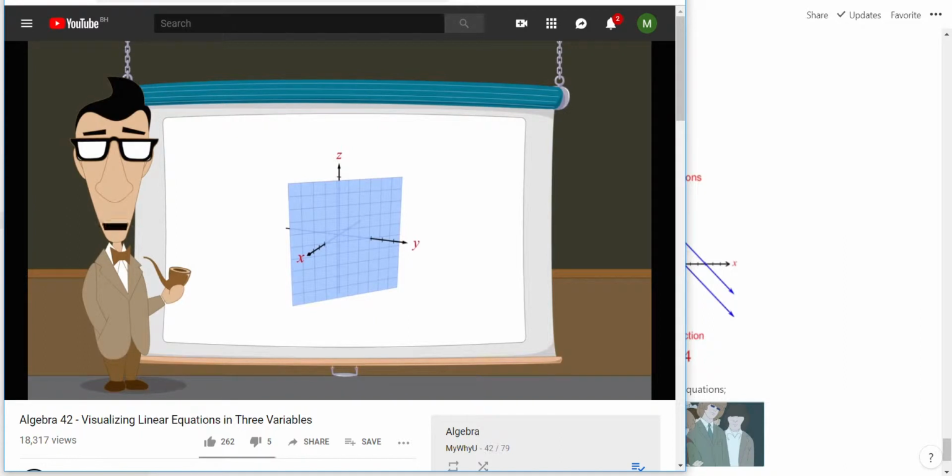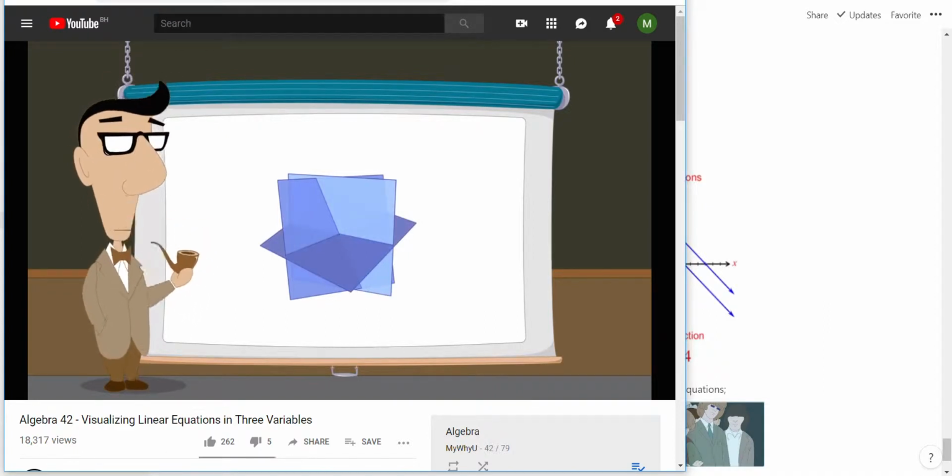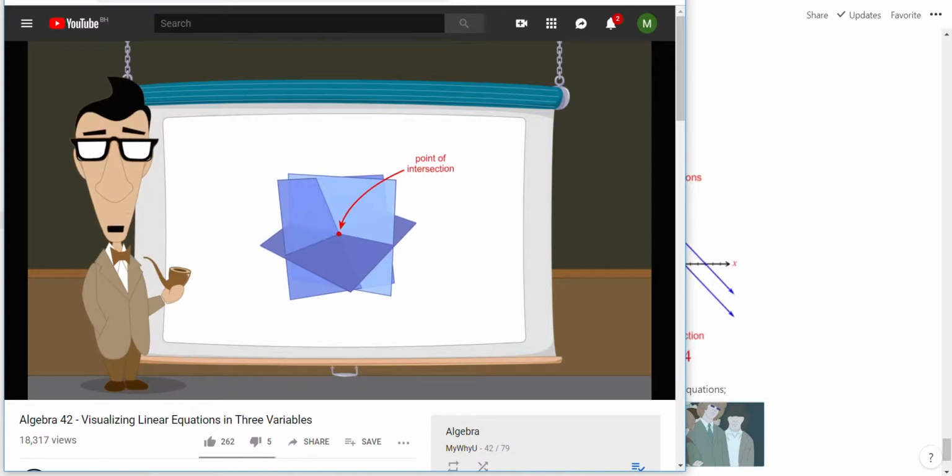Each plane may be oriented at any angle and positioned anywhere in space relative to the other planes. Since each plane graphically represents the set of solutions to one of the 3 equations, the points where all 3 planes simultaneously intersect correspond to the solutions which simultaneously satisfy all 3 equations. These points therefore correspond to the solutions of the system.